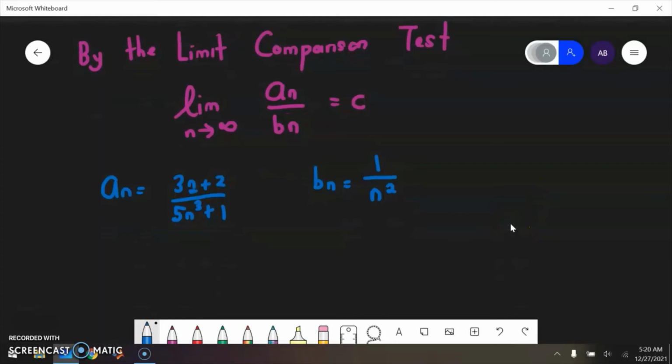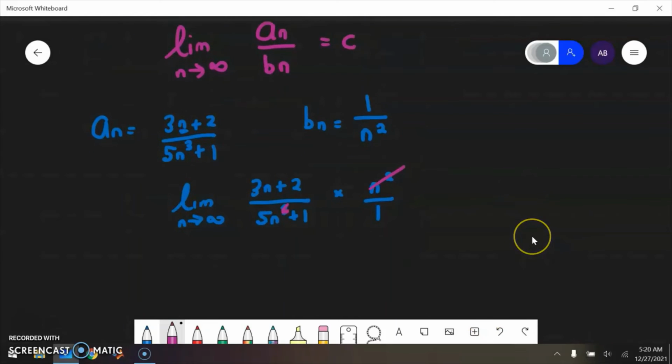Now take the limit as n approaches infinity of a_n, 3n plus 2 over 5n cubed plus 1, over b_n, which means multiplying by n squared over 1.